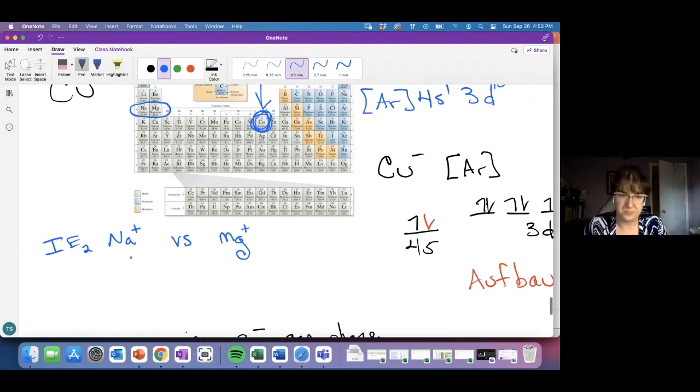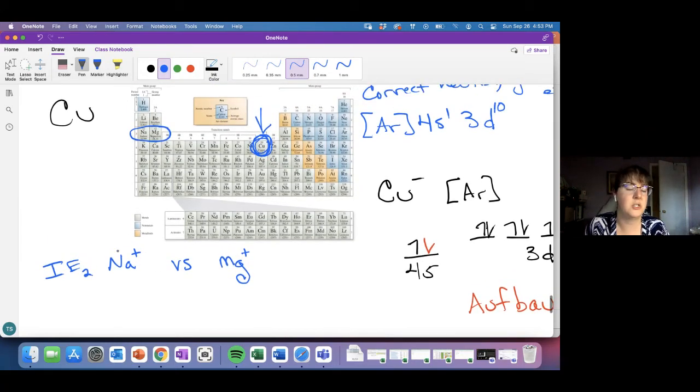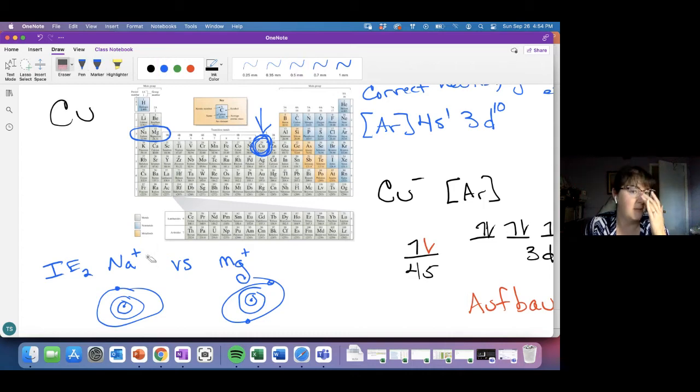Essentially, your first ionization energy in sodium took away its one valence electron. It only had one electron out there. Magnesium, though, had two. So when we're talking about our second ionization energy for sodium, sodium is now starting with only core electrons.